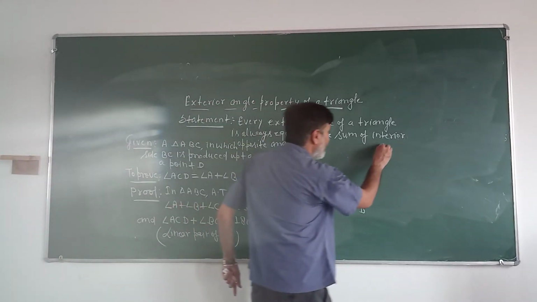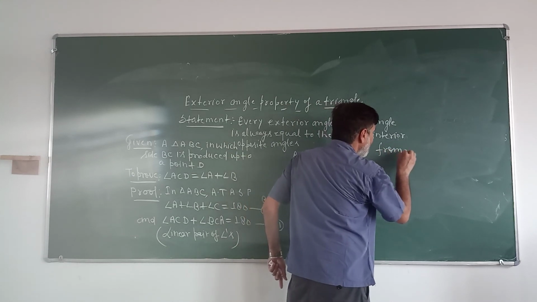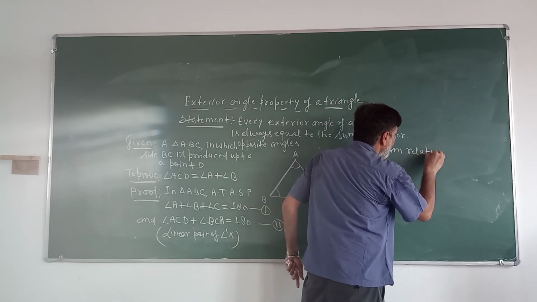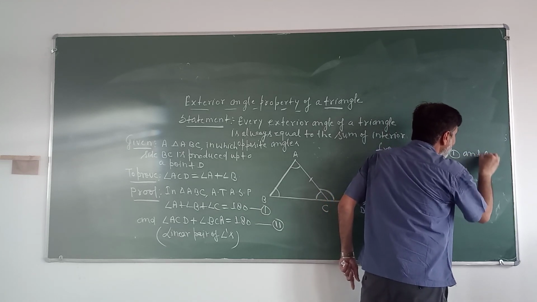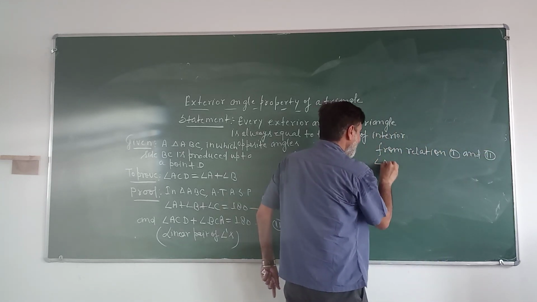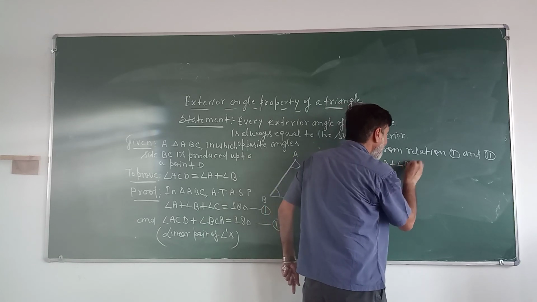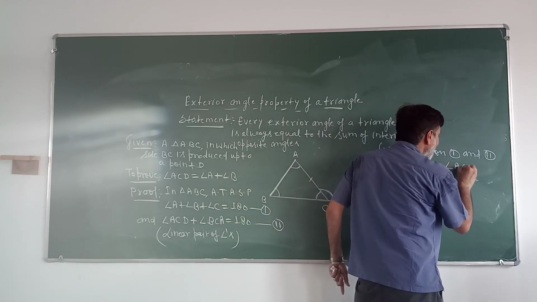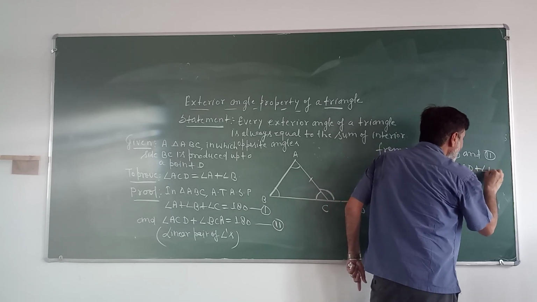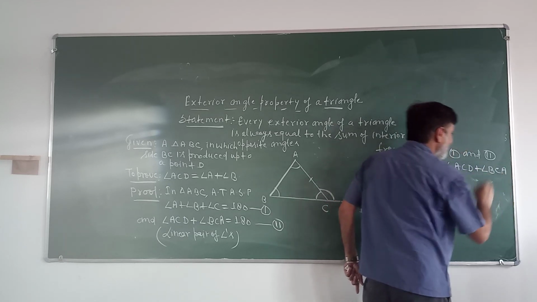It means from relation first and second, angle A plus angle B plus angle C equals to angle ACD plus angle ACB.